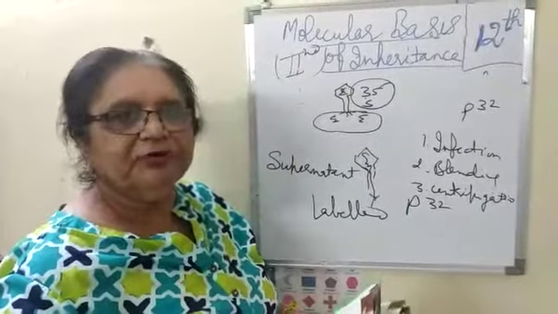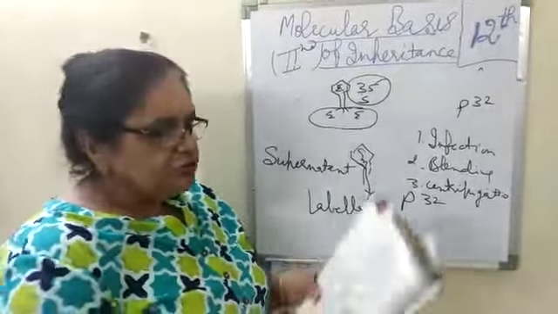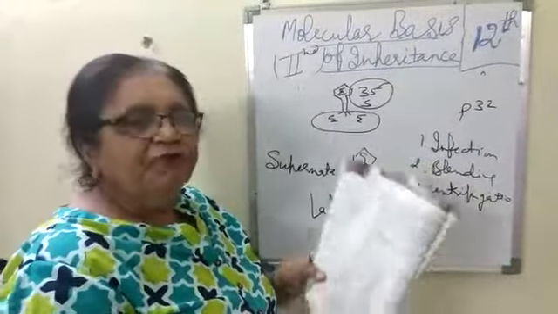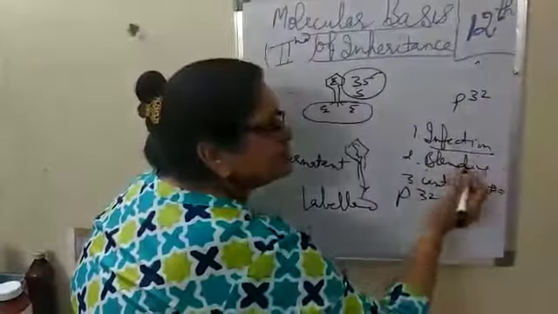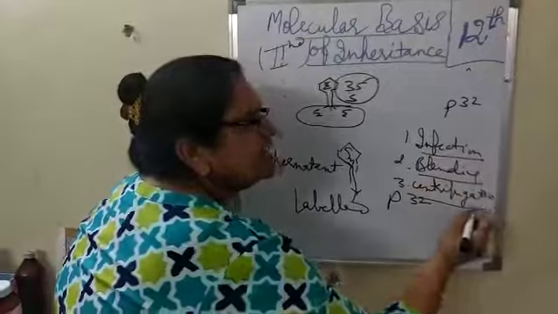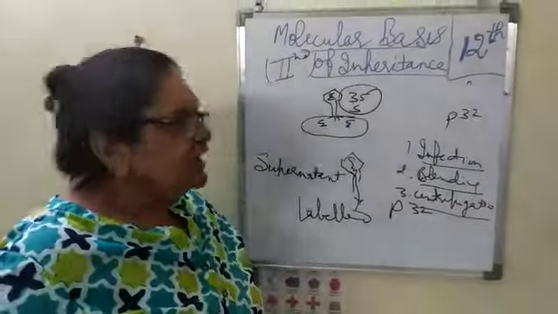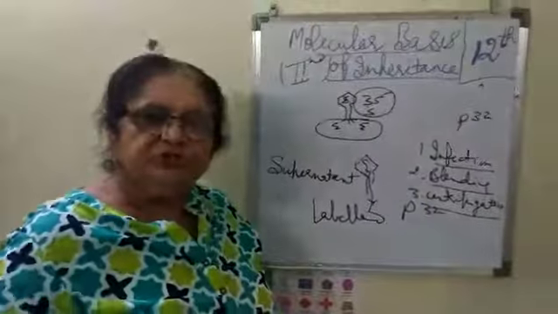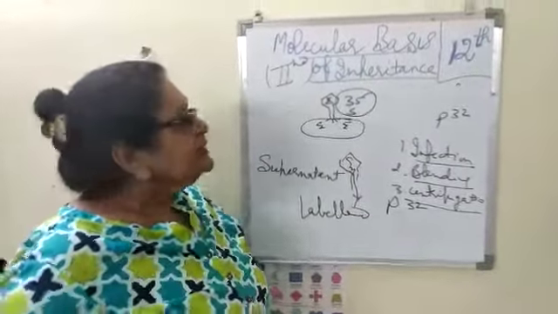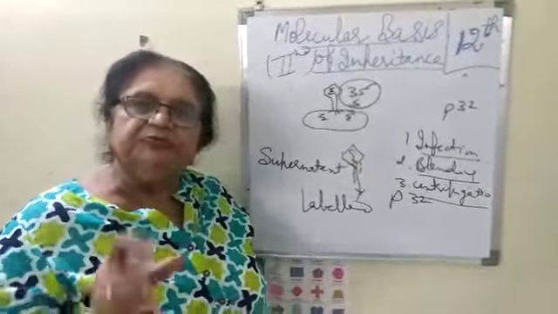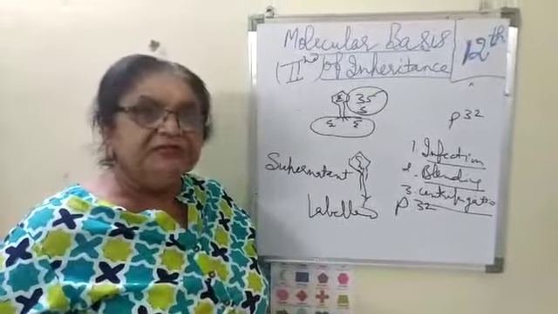Very, very important for the board for 3 marks. You can draw the same diagram from your NCERT, and don't forget the three words: infection, blending and centrifugation. So two experiments are very important: the Griffith experiment and the Hershey and Chase experiment, to prove DNA as a genetic material.